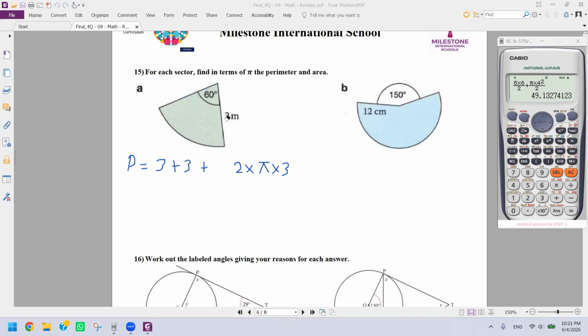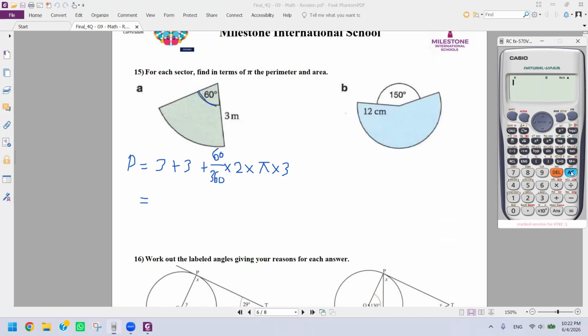How do I tell? It's from the angle. The angle is 60. So I didn't take the full circle, I take 60 degrees of it. Do we know the full circle how much it is? Yes, it's 360. So what do you do? You multiply by that part, 60 over 360.